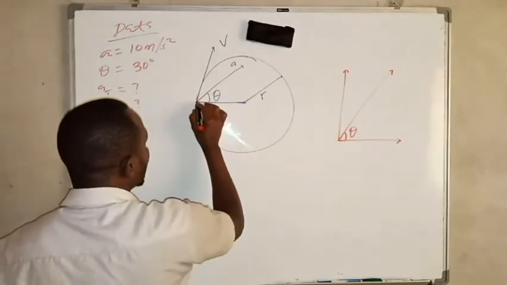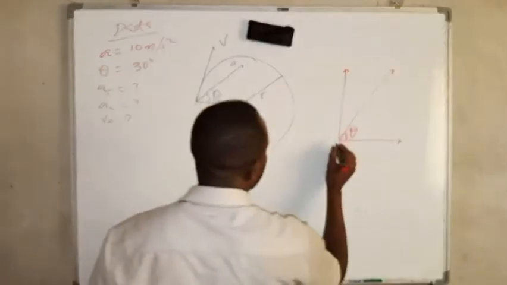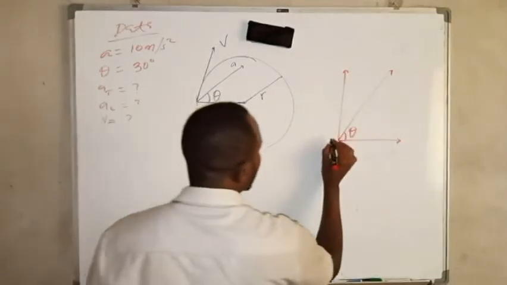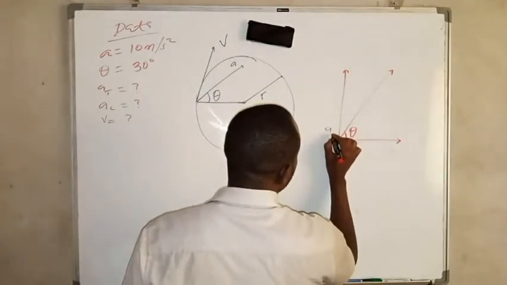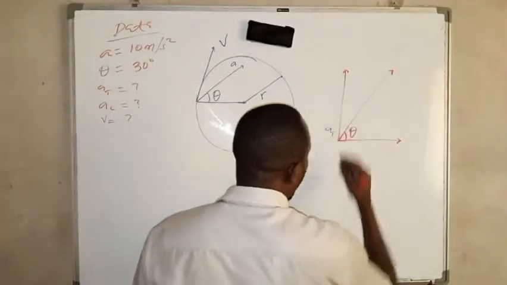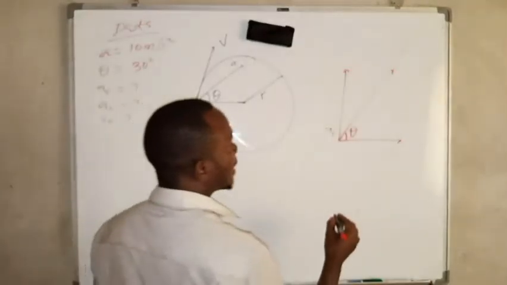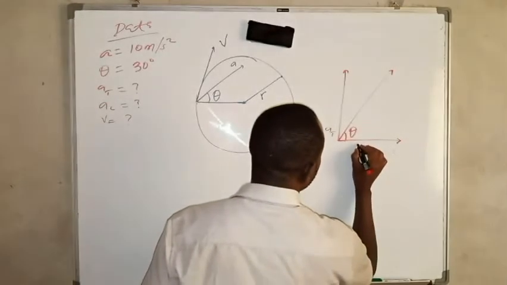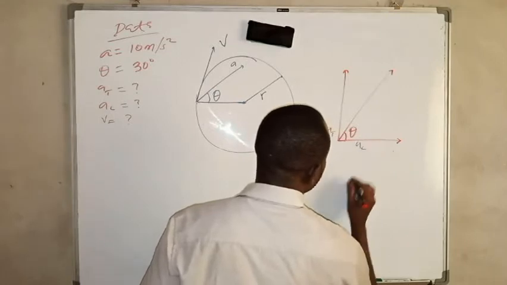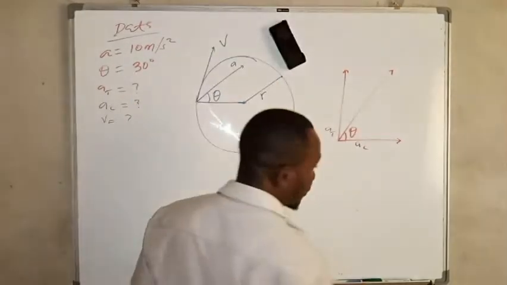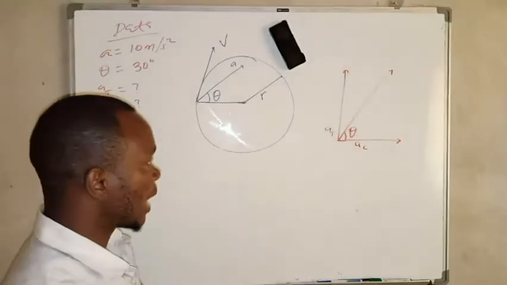So this is the tangential acceleration, and the centripetal acceleration is directed towards the center.